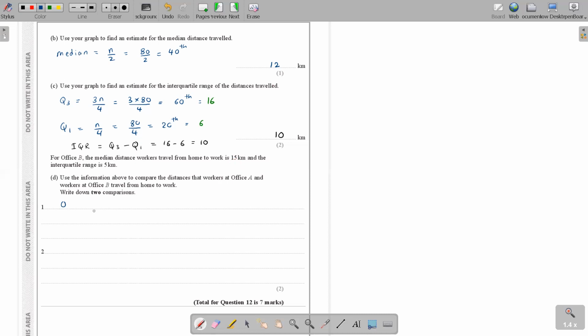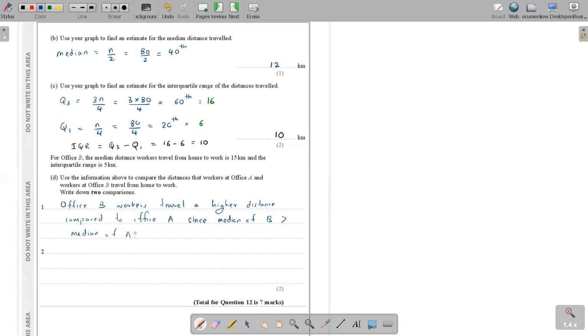So you can write: office B workers travel a higher distance compared to office A, since the median of B is greater than the median of A. So you could say something like that.